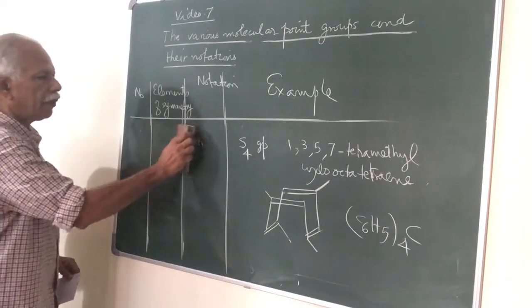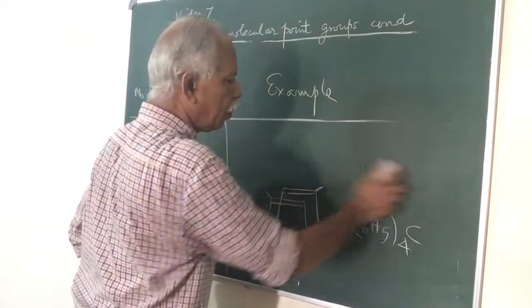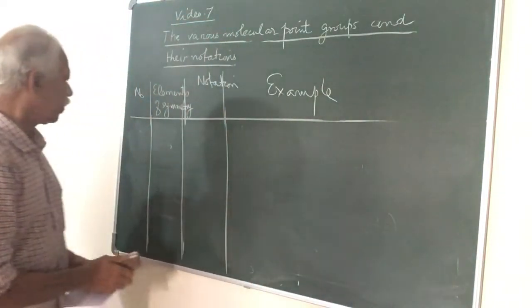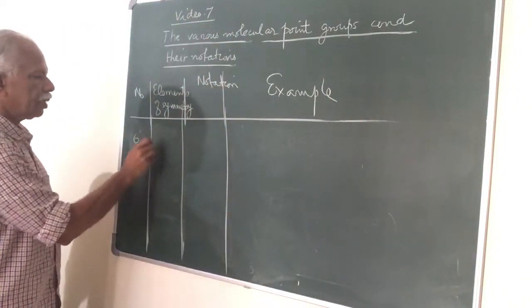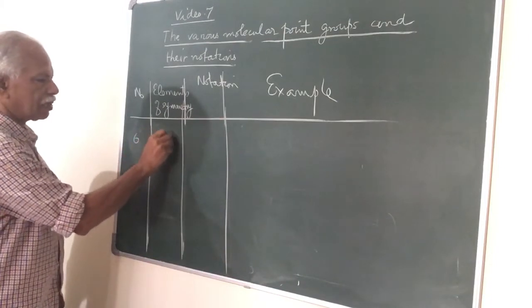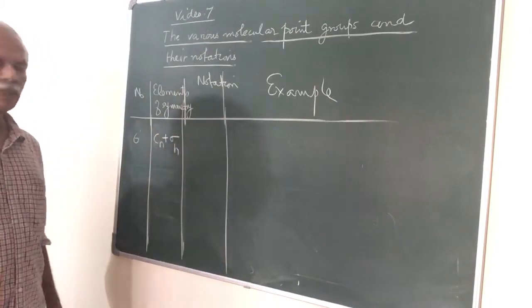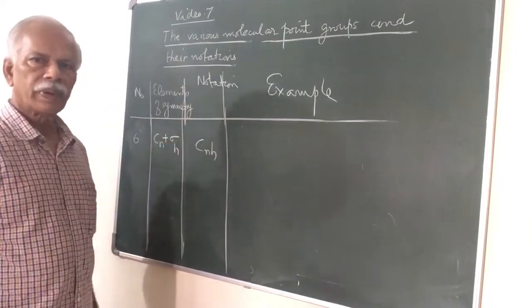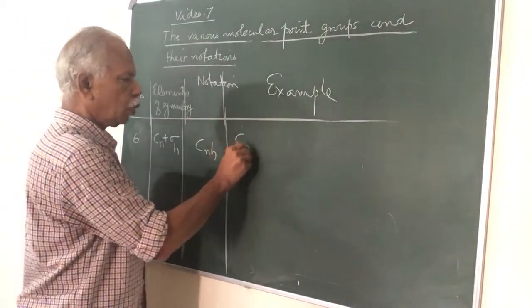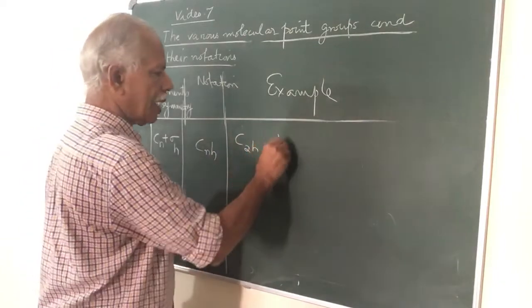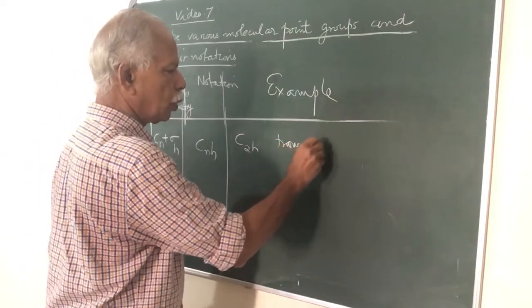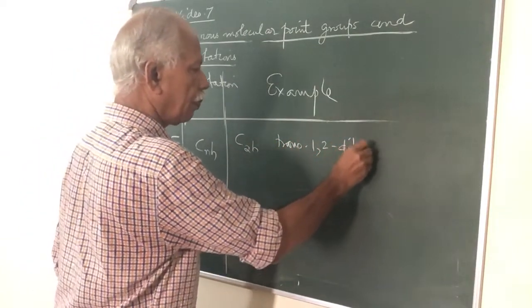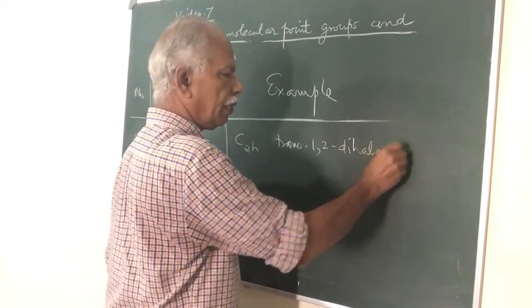Now, with slightly more elements of symmetry, sixthly, Cn plus sigma h. You call them Cnh group. C2h, example is trans-1,2-dihaloethene.